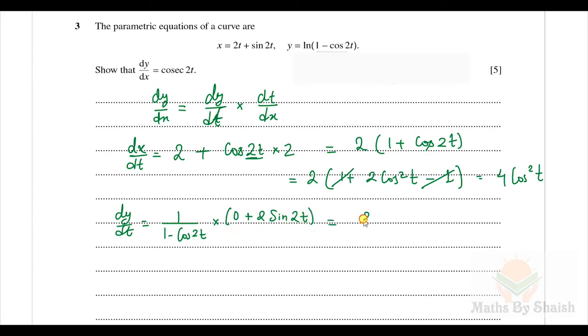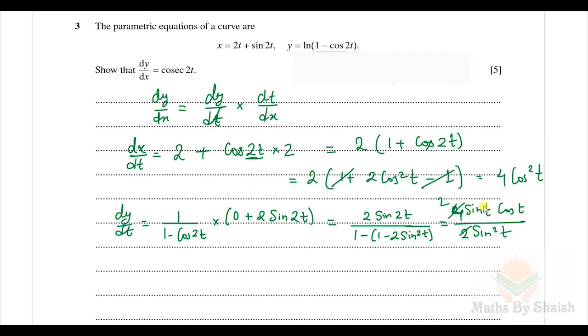Now if we simplify it, we get 2 times sine 2t over 1 minus cos 2t. Again for 1 minus cos 2t, we will use the double angle formula 1 minus 2 sine square t, and we'll use the double angle formula for sine also, so sine 2t becomes 4 sine t cos t upon these two cancelled, and we are only left with sine square t.